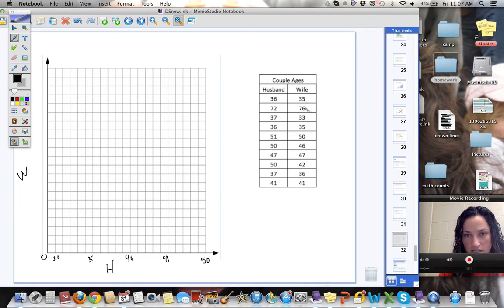And then wives' age, we go from 30. Oh wait, we go up to 70. Man, I stink. I didn't even see that 70. So for the husbands, maybe I'll just start at 35: 35, 40, 45, 50, 55, 60, 65, and then this would have been 70 over there.